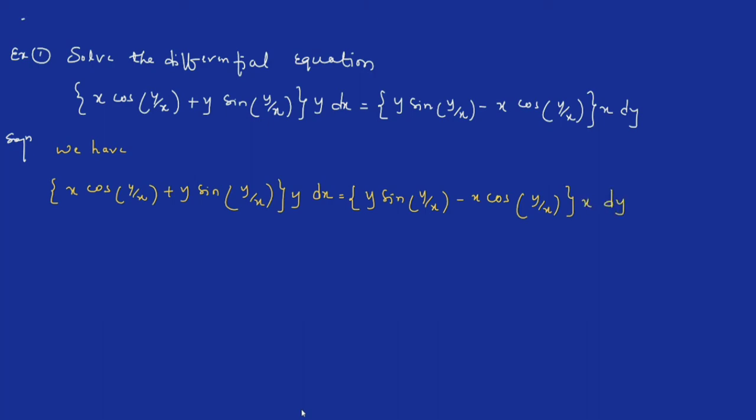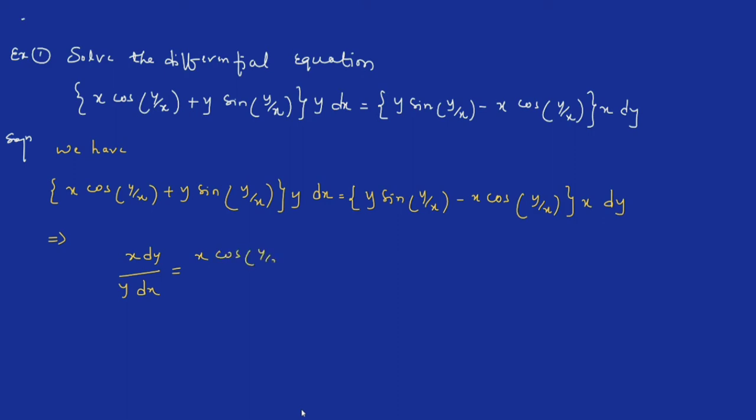Now initially we have to convert this into the standard form, x dy as it is. When we take this term to the RHS, it becomes y dx. To convert it to the standard form, that is dy by dx equals g of x upon phi of x.